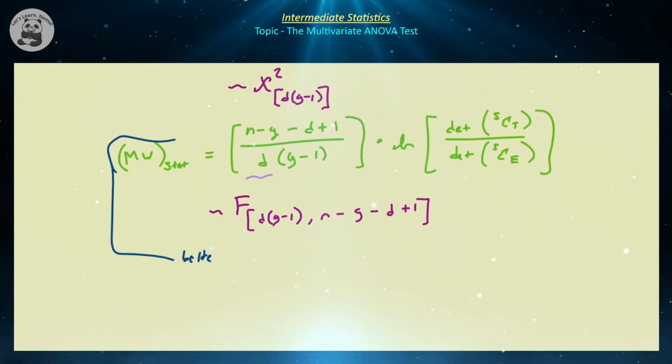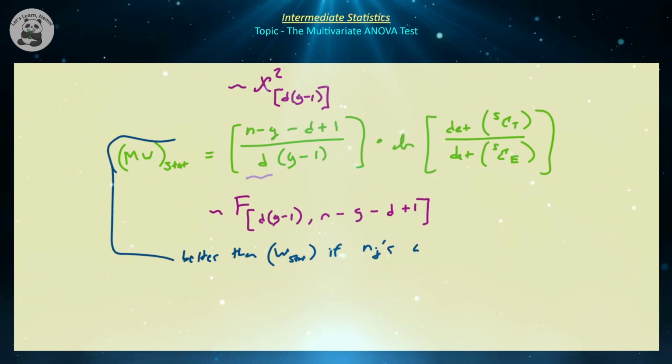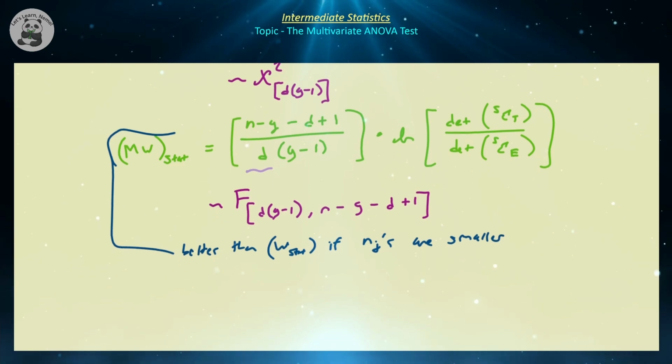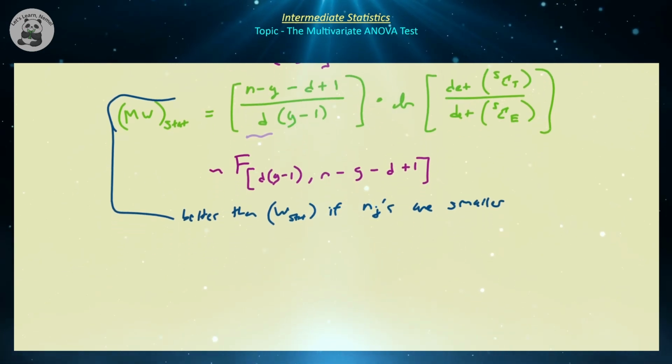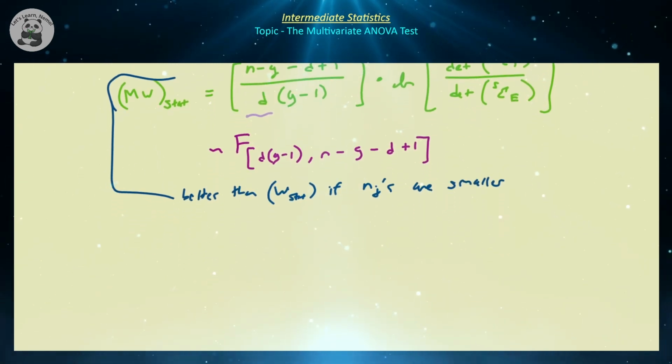So better than, at least on average, the W stat if the sample sizes are smaller. Right? But if you have larger sample sizes, the original W stat will do just fine. So that is the Wilk and the modified Wilk test statistic.